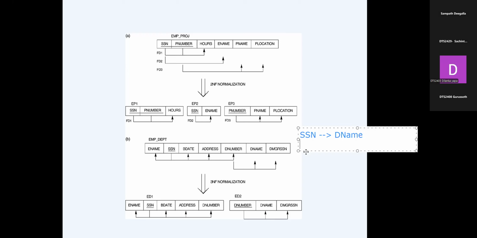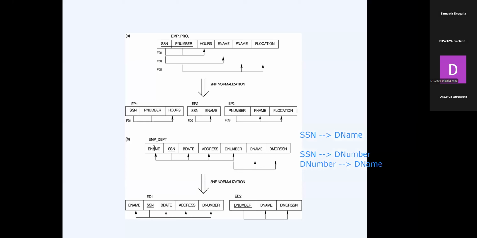But in this particular case, we can do it via the department number. Using social security number, we can identify the department number, and using department number, you can determine the department name. So this is what we have discussed.